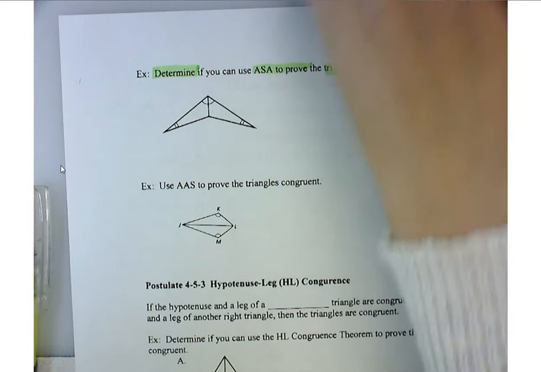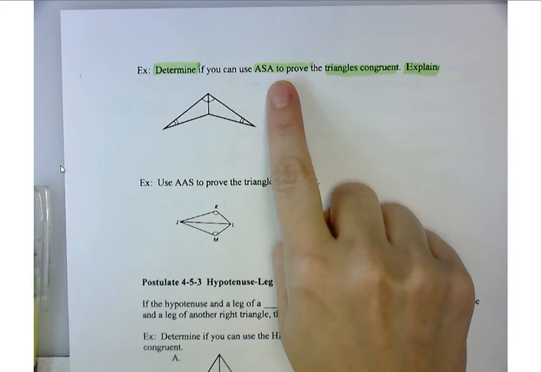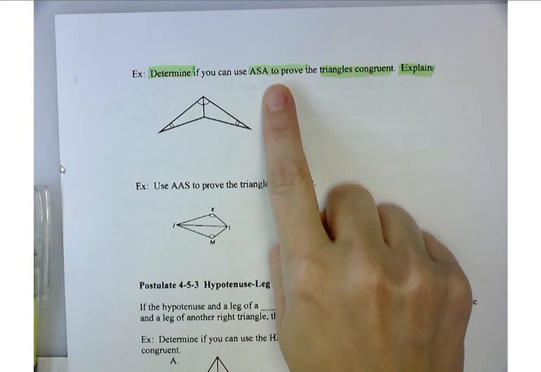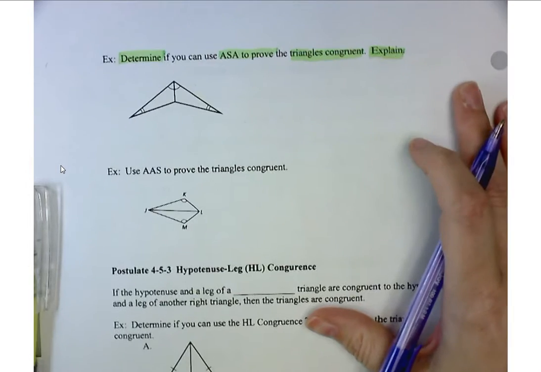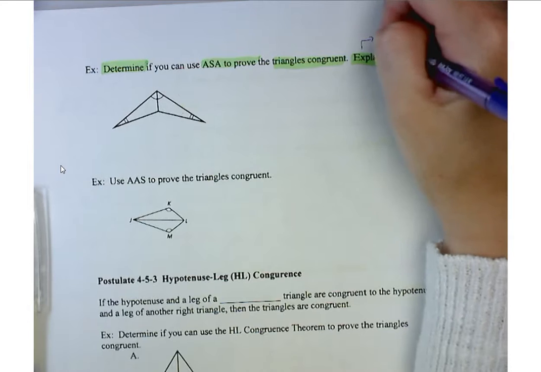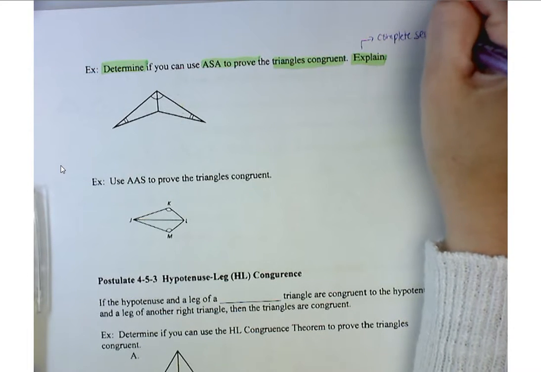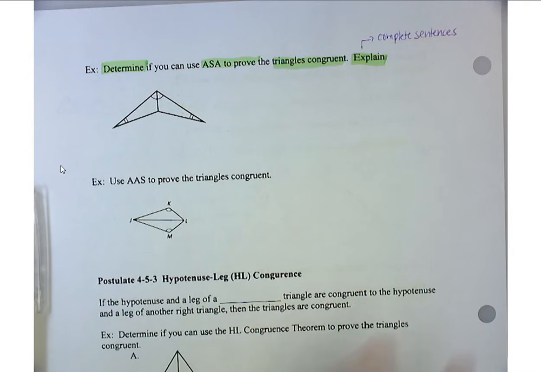So if you're determining if you can use this to prove, okay, you're going to have to say yes or no. Whenever it says explain, make sure you guys have something written down in complete sentences. Okay, so you're going to be explaining your thinking there.